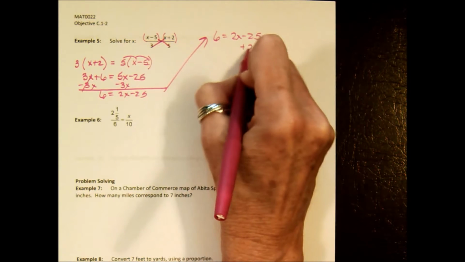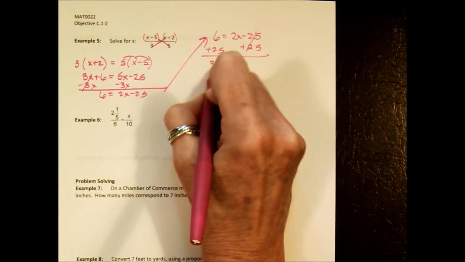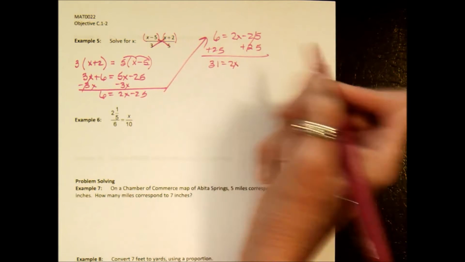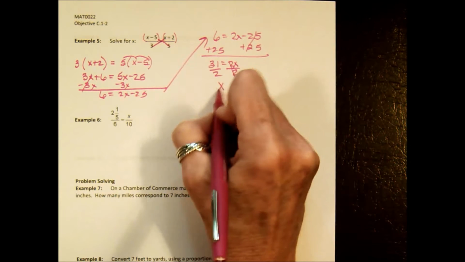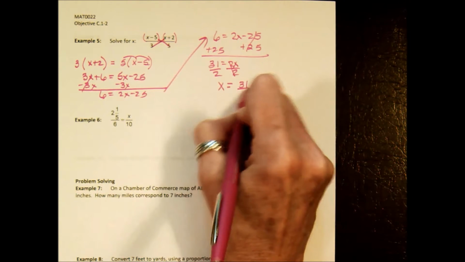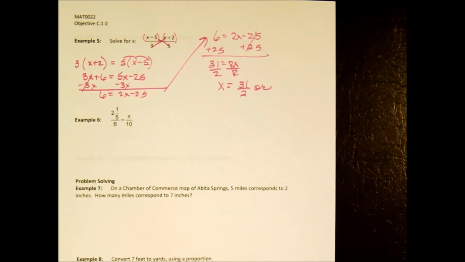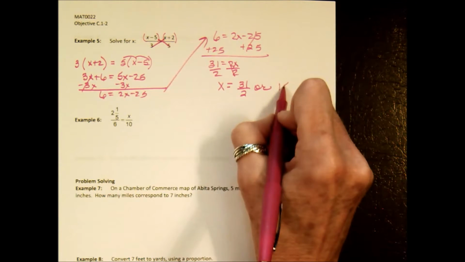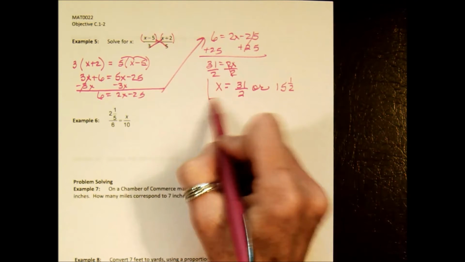My variables are on the right, so I'm going to get my numbers on the left. So 31 equals 2x. Divide by 2, and oh my gosh, yes, I realize it does not go evenly. It's okay. You can leave it as an improper fraction, 31/2, or you can actually do the division and write the leftovers as a mixed number.